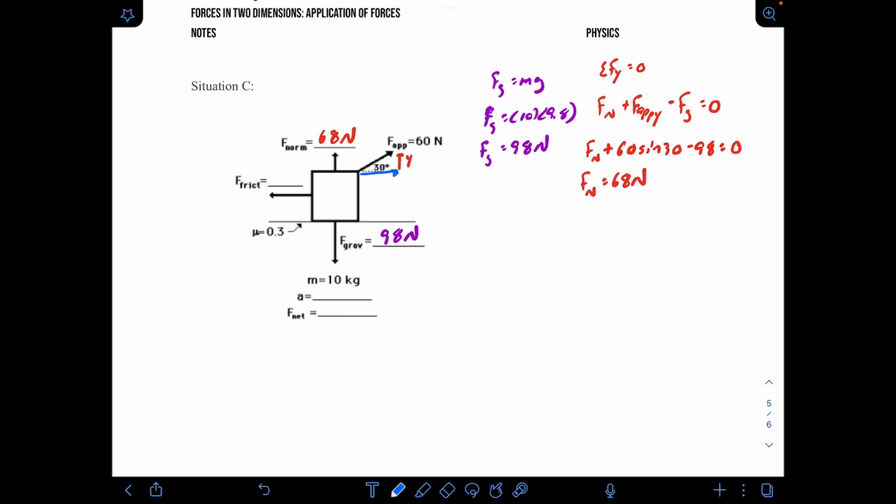And once again, there's that x chunk that we need to look at also. All right, so there's that chunk there. I'm going to go ahead and look at whatever that Fx is. So it looks like that X component is going to be 60 cosine 30. So that looks like it is 52, estimating a little bit, newtons there.